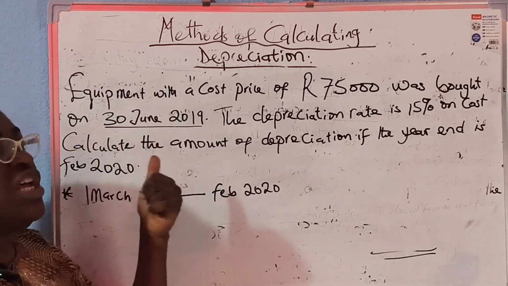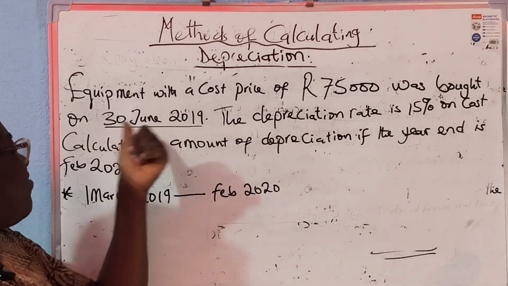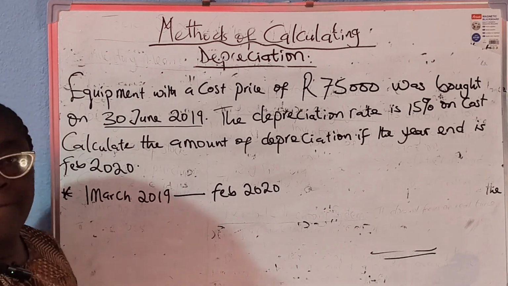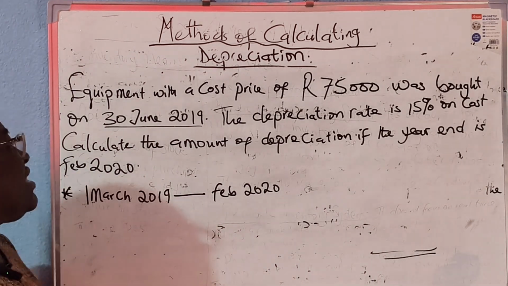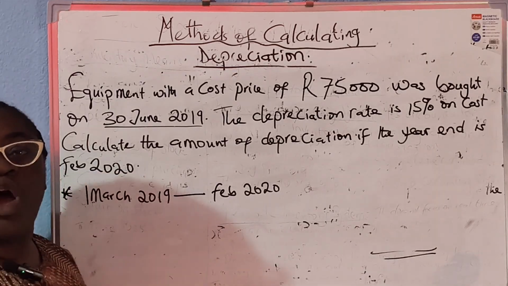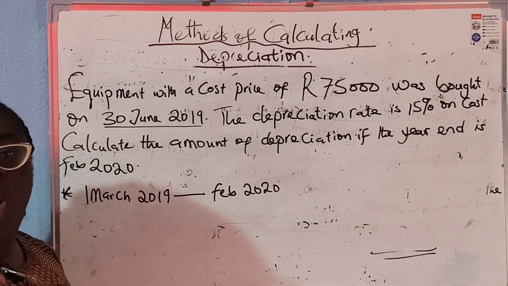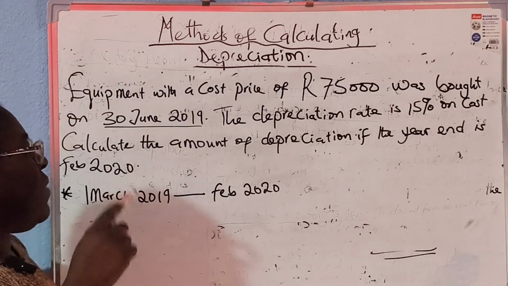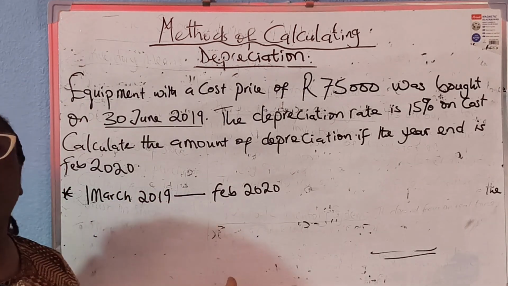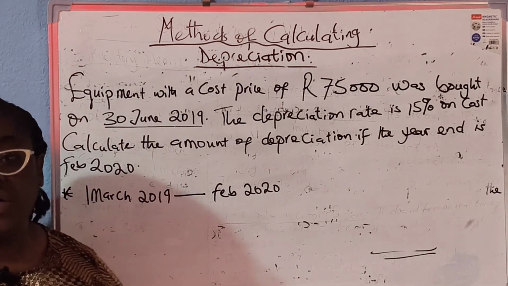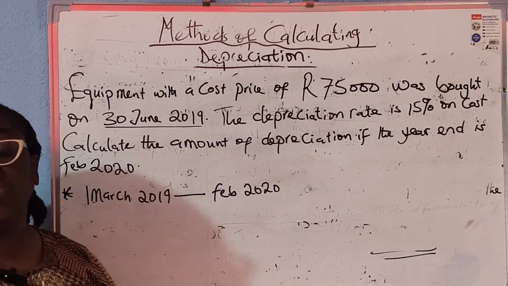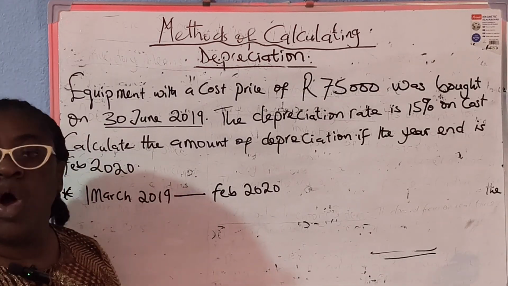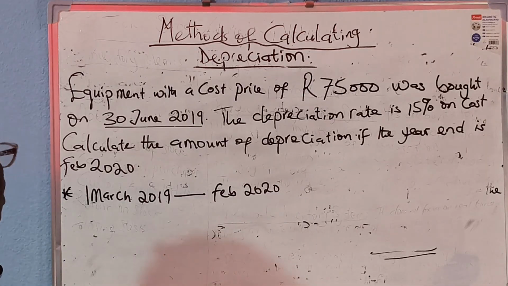It only joined the business at the end of June, meaning we start using it from 1st of July. So this asset is not going to depreciate for the whole year, only for some months.